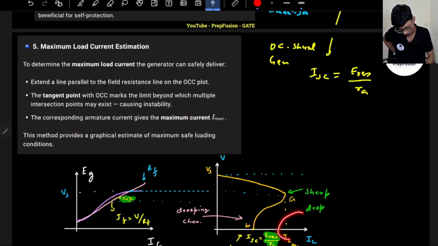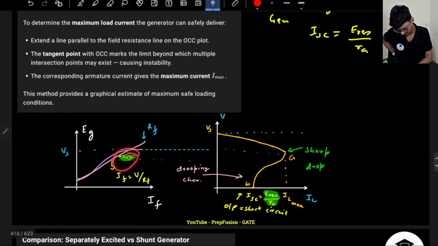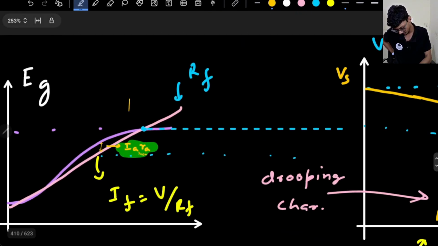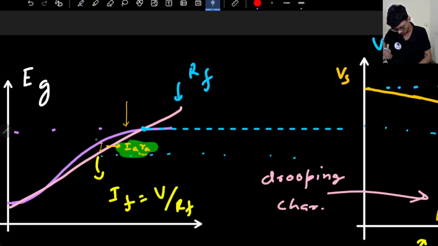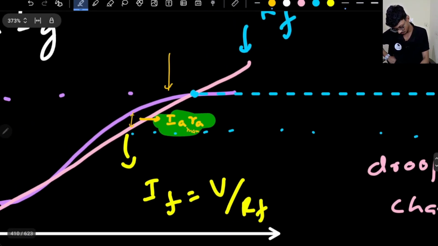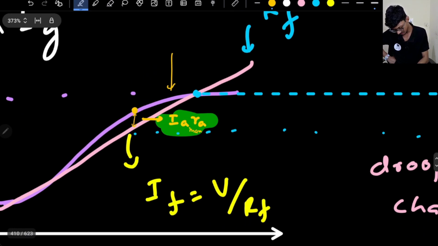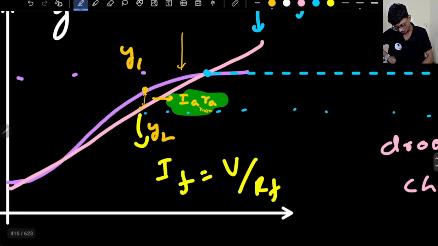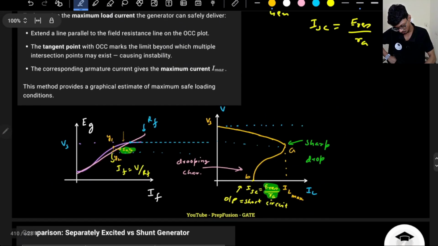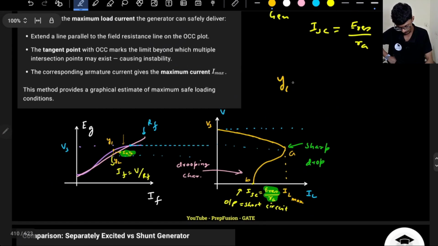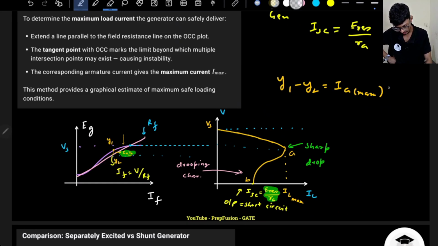So this is the maximum load current, but what if you want to find out the maximum armature current? This is how you can find it. The difference between these two points, let me write this as y1 and this as y2. So y1 minus y2 is equal to Ia max into Ra.